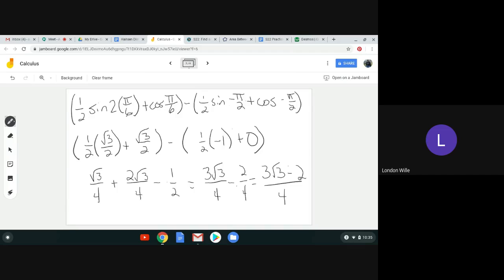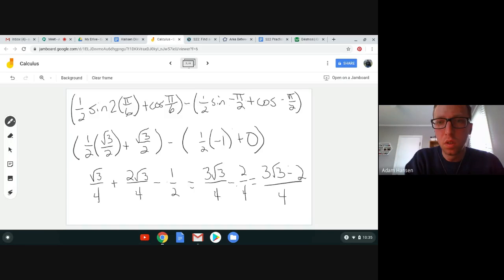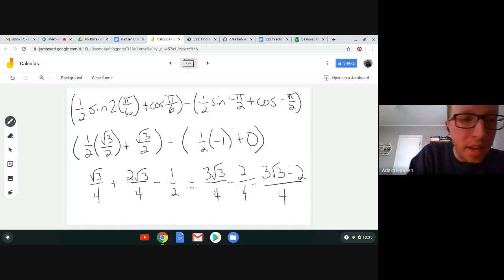The answer on Schoology was 3 radical 3 over 4. I don't know if that helps. The sine of -π/2. Oh, I need to take that times 2. I see my mistake now, London. Thank you.